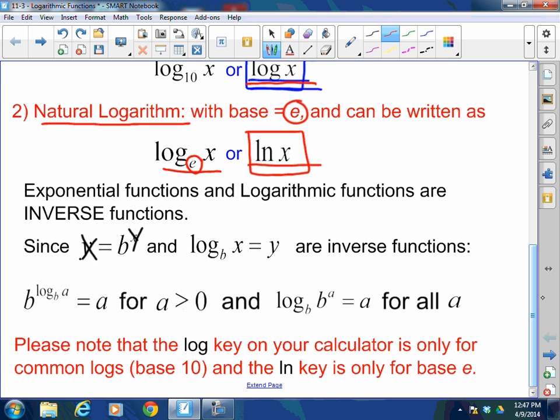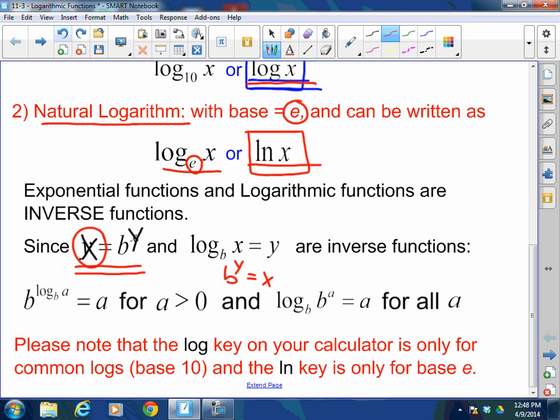Because think about it. It equals x, but in this one, the inverse, the x is the answer. Right? Here, the y is the power, but in here, it's the answer. So they are inverses of each other. Again, how are they inverses? Log base b of x equals y turns into b to the y power equals x.